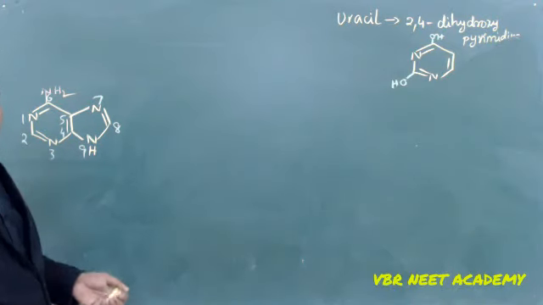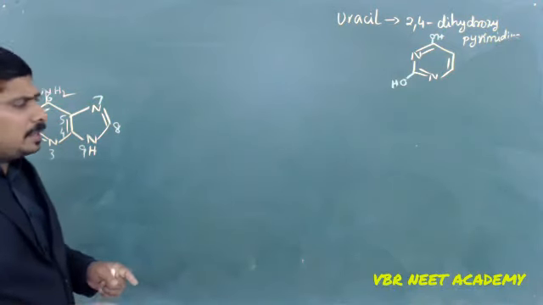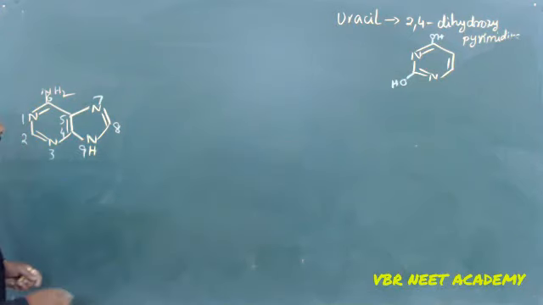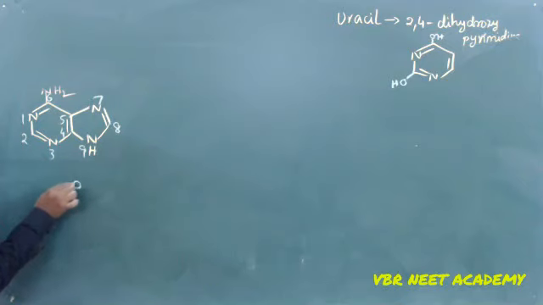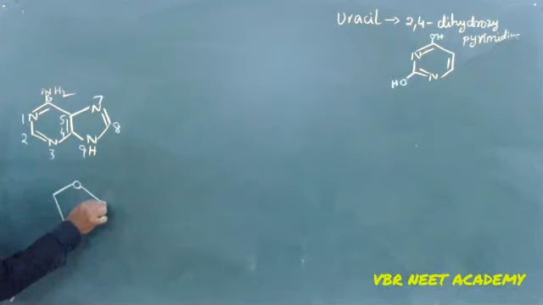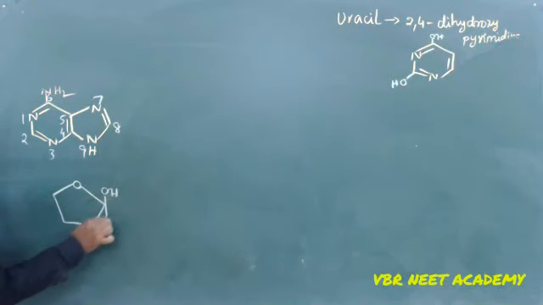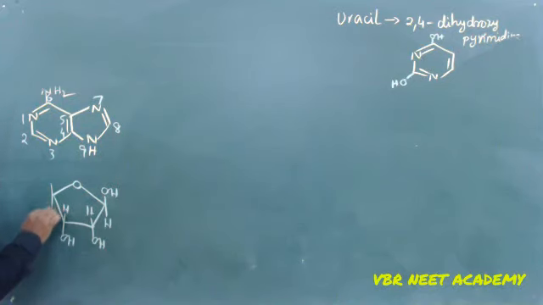So what sugars are we going to have? Ribose and deoxyribose. Yes, I am writing sugar. What ribose is it? Beta D ribose. OH, H, H, OH, H, OH. Here I am having HCH2OH.